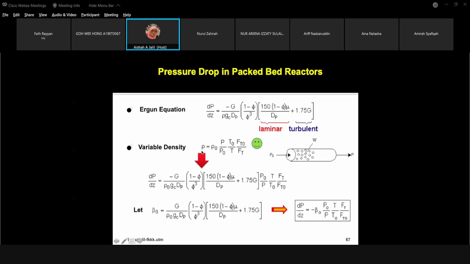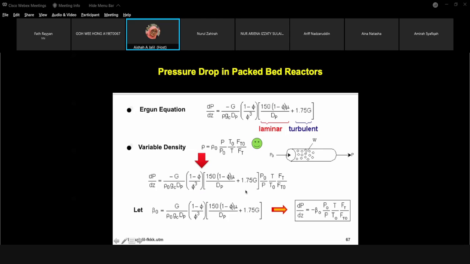Then you put this rho in here, and you get this equation, which becomes complicated. You can see they replace the rho here with this one, and then the equation becomes like this. You have the rho naught here, this is still the same, but you have this one at the end.